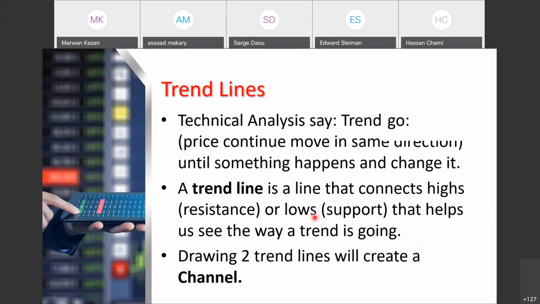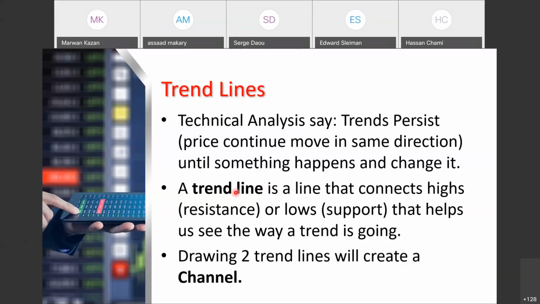Now, technical analysis says that trends persist. So if we're talking about an uptrend, it should continue moving up until something happens and changes it. Now we're gonna see examples. We use trend lines to help us see or spot the trend.